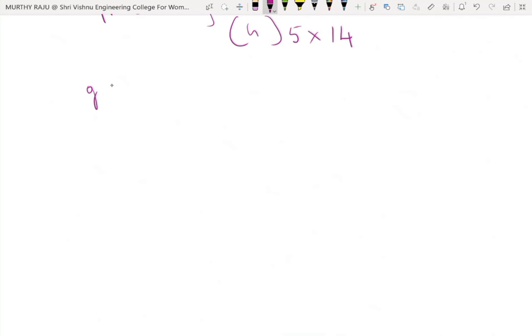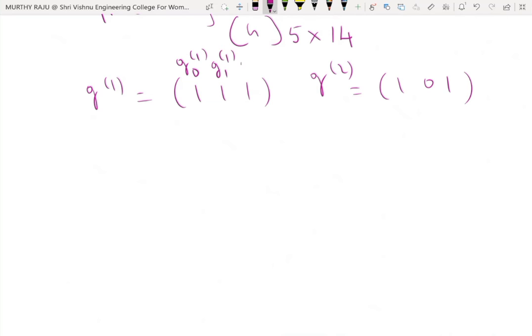Here, G1 is equal to 1, 1, 1. G2 is equal to 1, 0, 1. This one is G0 of 1, G1 of 1, G2 of 1, and G0 of 2, G1 of 2, G2 of 2.